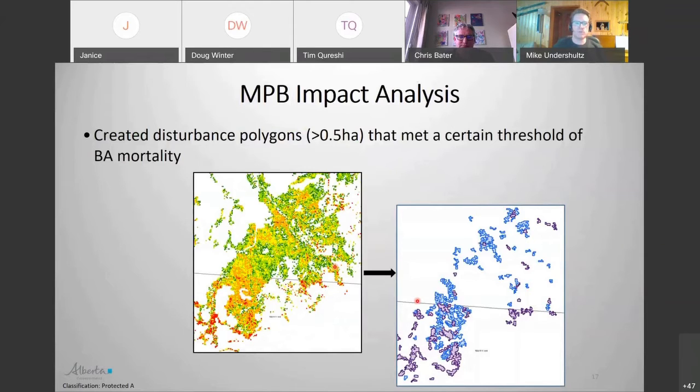And then we consolidated these adjacent polygons into a minimum half-hectare size. So they have to meet that half-hectare size. And then we could essentially put thresholds however we wanted on these polygons, depending on the type of analysis we wanted to do.